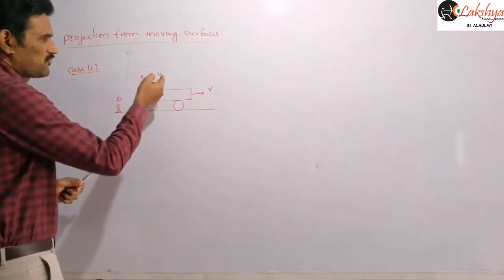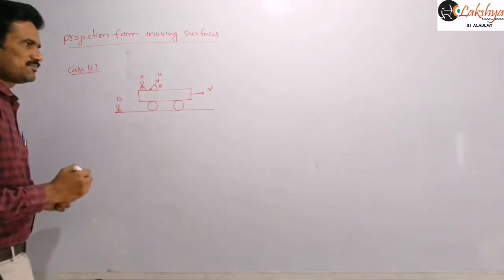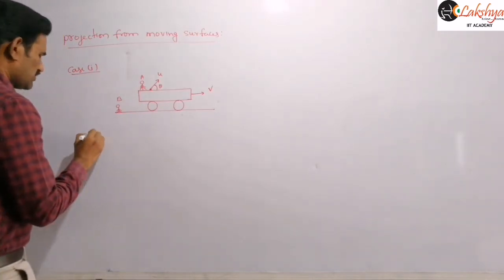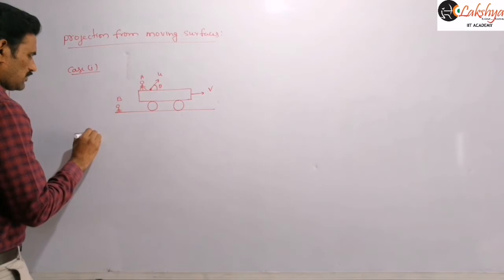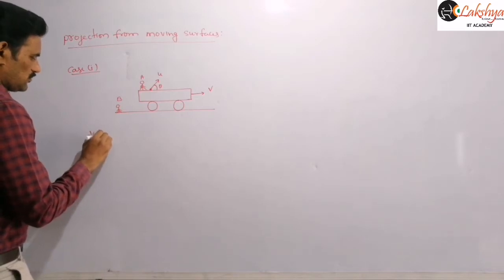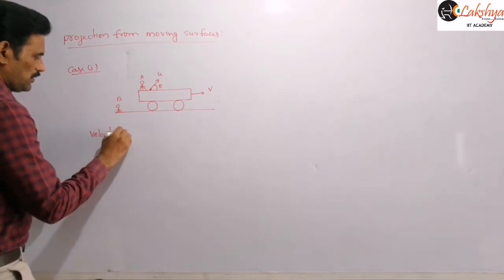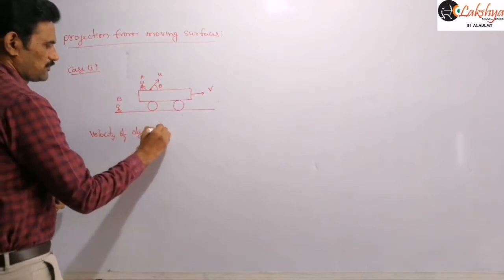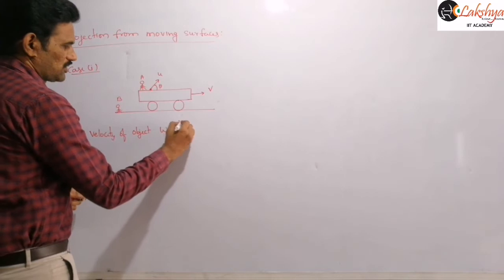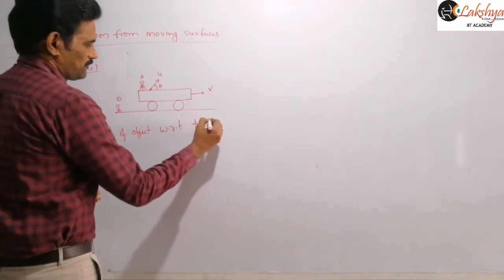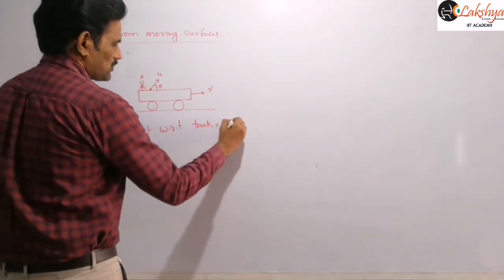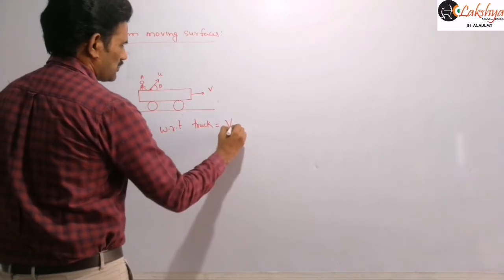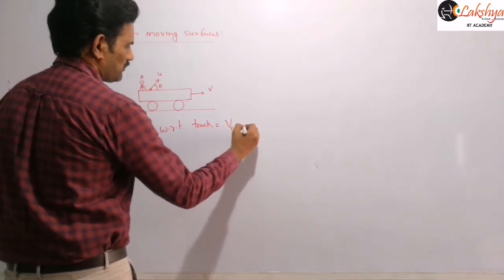For this, the velocity with respect to the truck is given. So this is the velocity of the object with respect to the truck.